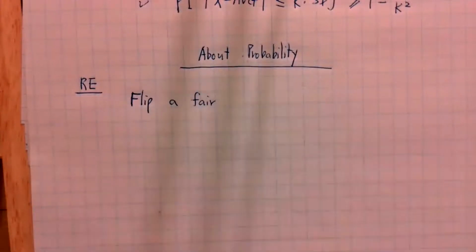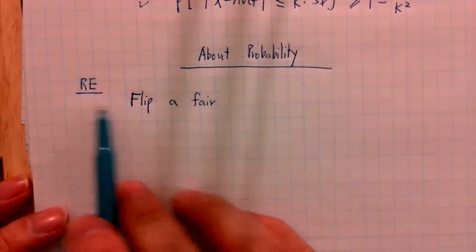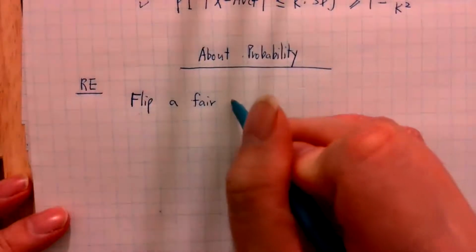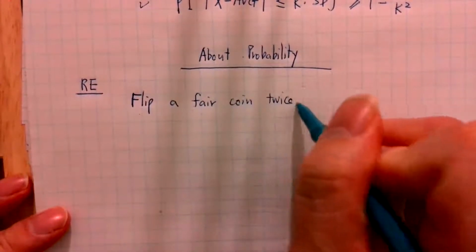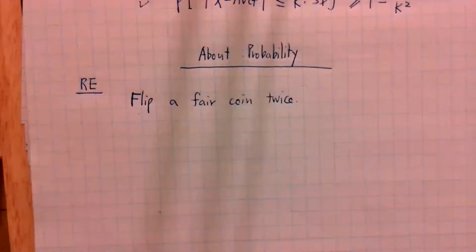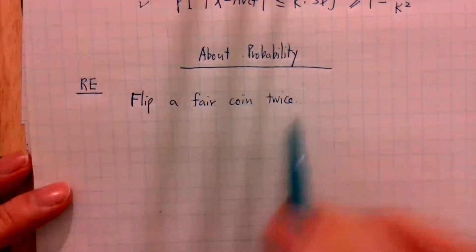About probability, okay? Flip a fair coin twice. Very simple example.